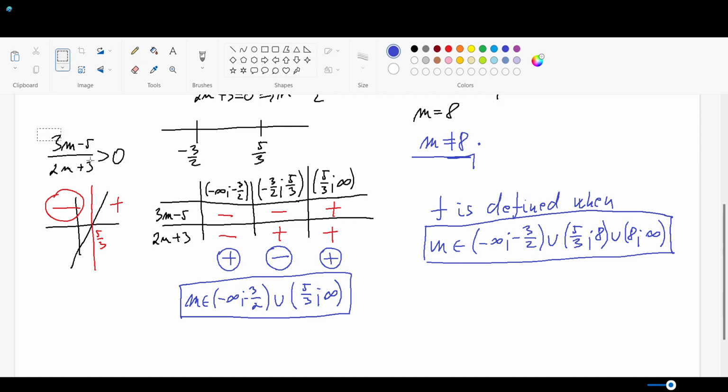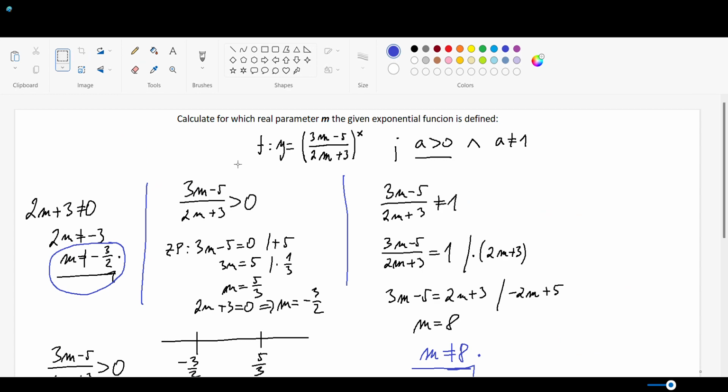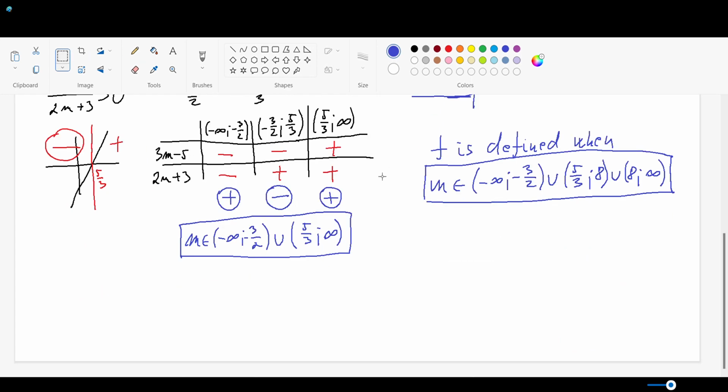So our given function, in this case, oops, this is not my function, sorry. So the given function, which is defined by this equation, is really defined only if m is from any of these three intervals.